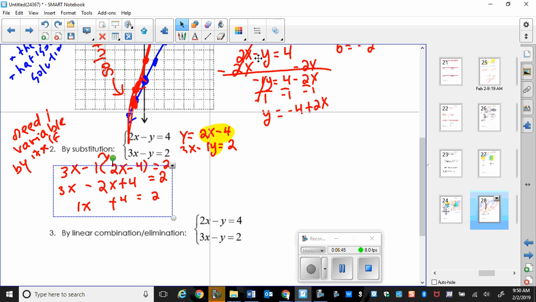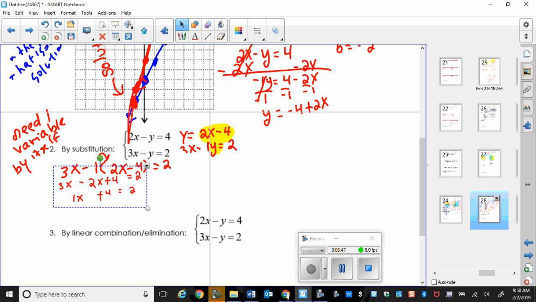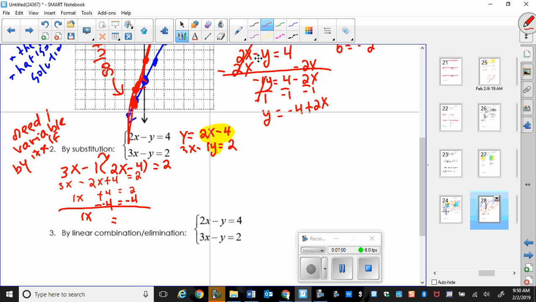And then we're going to subtract 4 on both sides. And I get 1x equals negative 2. So x is negative 2. All right. So I know what x is, so now I just need to find what y is. Y equals 2x minus 4.